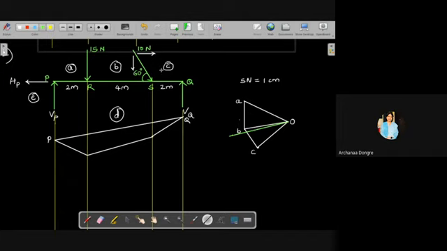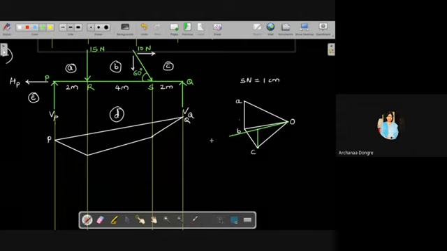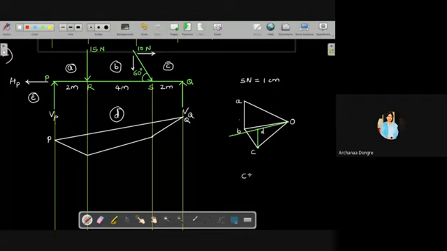Now you see the C to D point. C to D there is a reaction VQ. So this is your D point. When you measure this length and convert it according to the scale, you will get the reaction VQ.